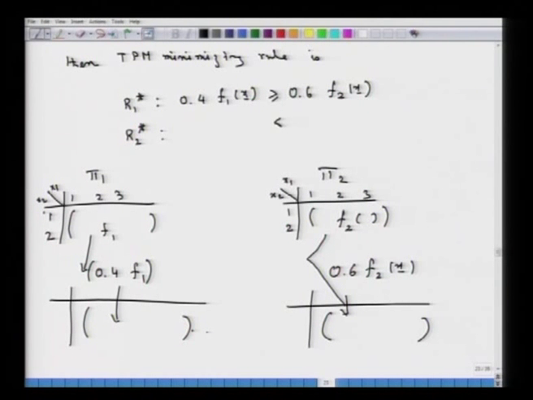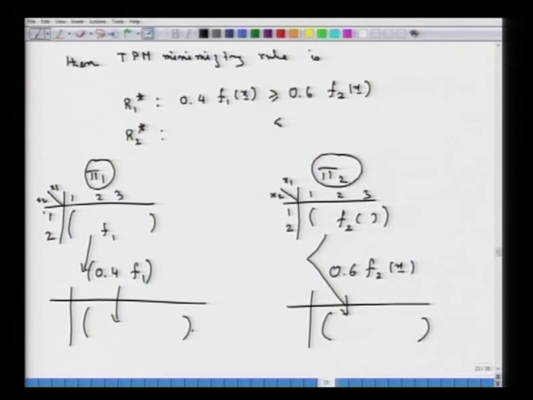Now, as in the previous situation when we were comparing the cell probabilities in the two populations, this corresponds to the pi 1 population, this corresponds to the pi 2 population. So, we will look at whichever cell has this quantity greater than the quantity in pi 2.